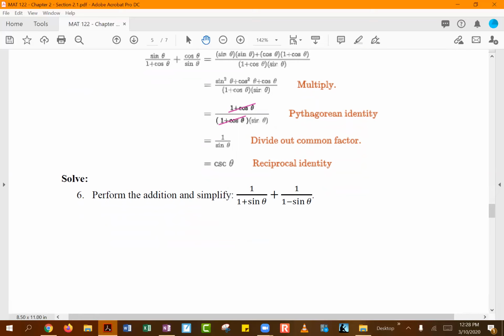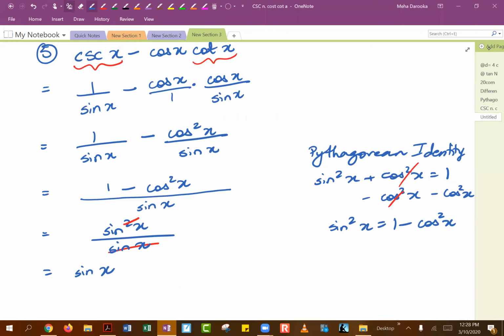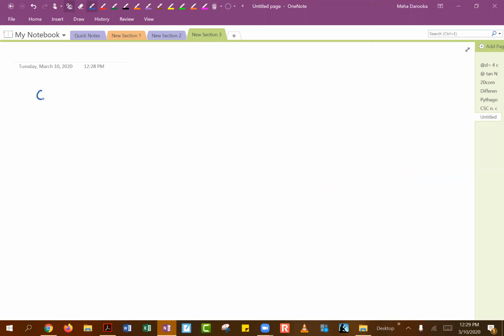All right, so let's go ahead and take a look at number 6 here. I think we should be able to get it done in the time we have. You are given 1 over 1 plus sine theta, adding that with 1 over 1 minus sine theta. So do we want to find a common denominator?